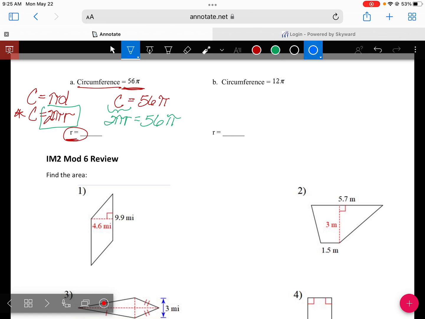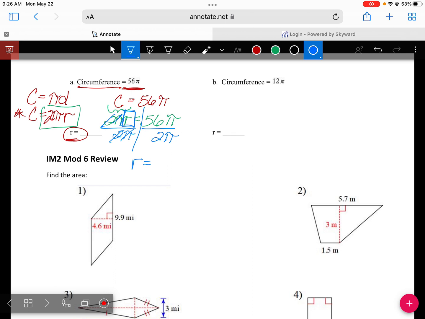I'm trying to solve and get r by itself. Right now, 2 and pi are being multiplied, right? So I want to do the opposite and divide. Whatever I do on one side of the equation, I have to do on the other. Divide by 2 pi. The 2's cancel out, pi cancels out.